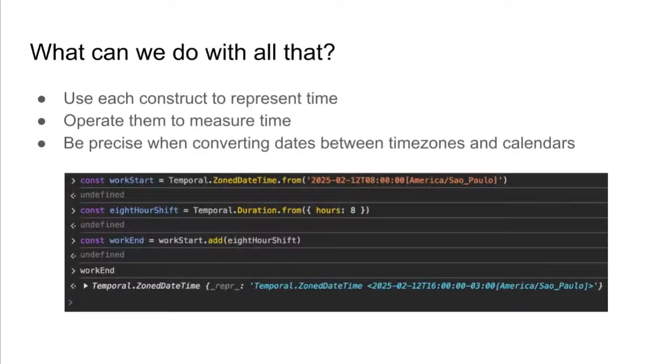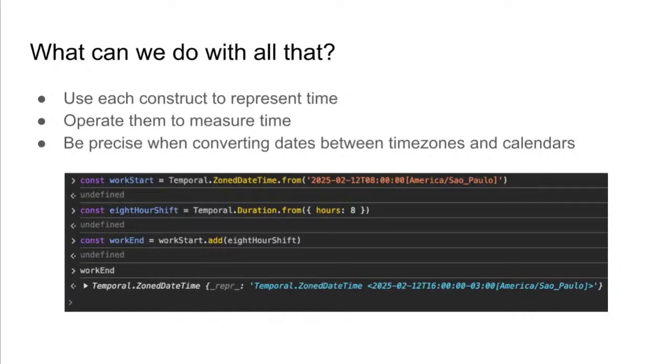With Temporal, we can do it better. We can better represent the concepts of time we want to work with. For instance, I have the workStart object that is generated from a certain date and a precise hour. And I can represent the 8-hour shift: I know that the 8-hour shift has a duration of 8 hours, so I create it from that, and I have a construct that represents the shift itself.